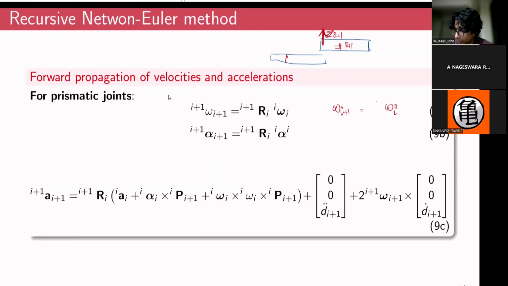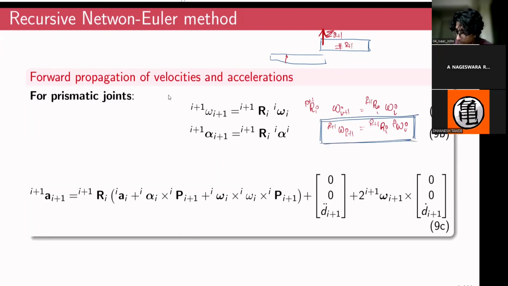So if you multiply the rotation matrix of I+1 with respect to I on both sides, we'll get the recursive relation: I+1 omega I+1 would be I+1 Ri multiplied by I omega I. So in case of a prismatic joint, the propagation of angular velocities would look something like this.